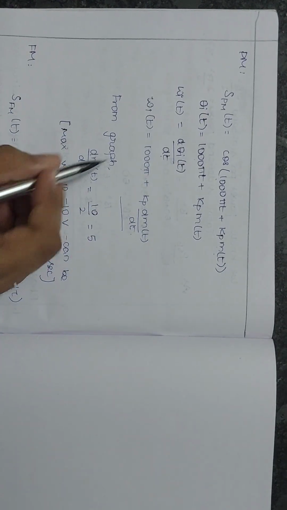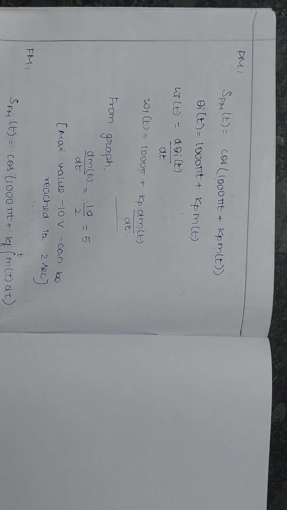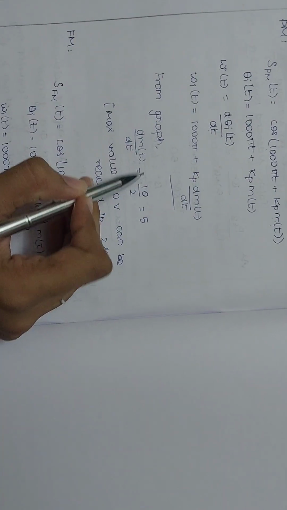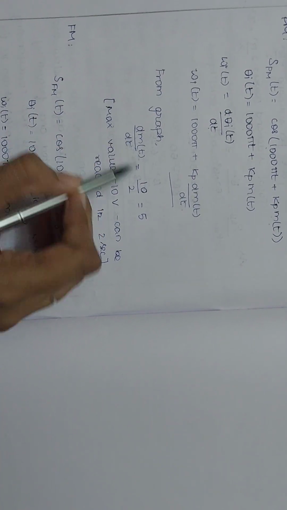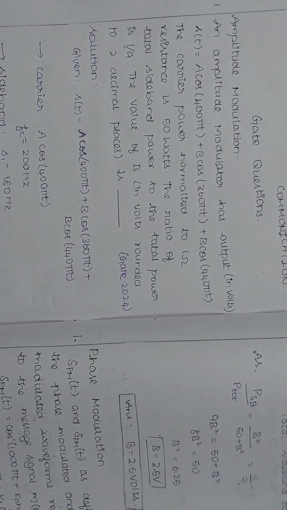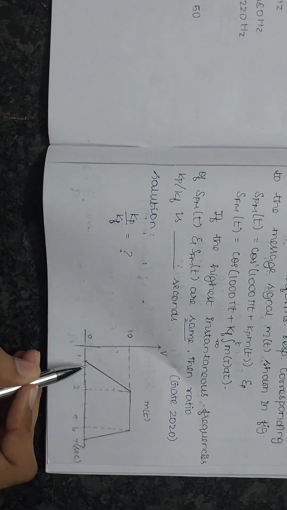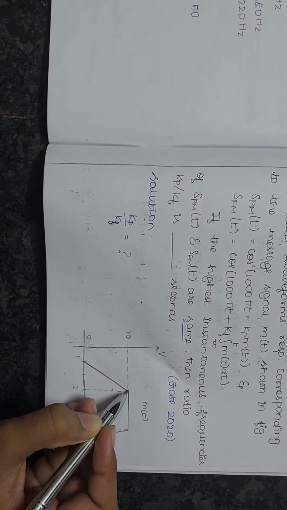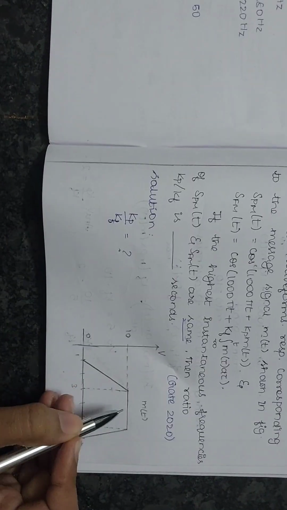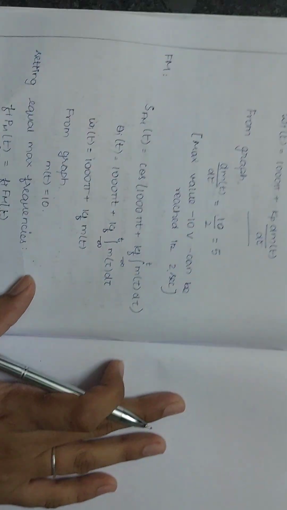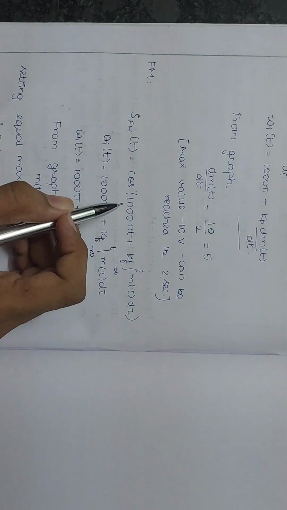From the graph, we saw that the maximum value is 10 volts. The 10 volts is reached in 2 seconds, that is from 1 to 3 in the graph. 1 is the initial, and from 1 to 3 it reaches 10 volts. The dm of t by dt is the slope, and in 2 seconds it reaches 10 volts. So 10 by 2, which is equal to 5.